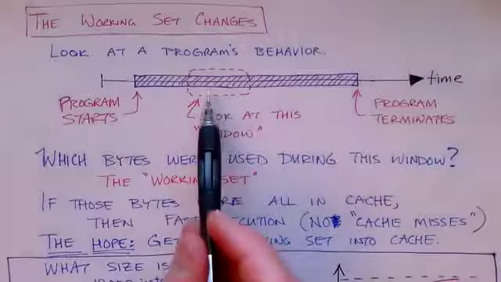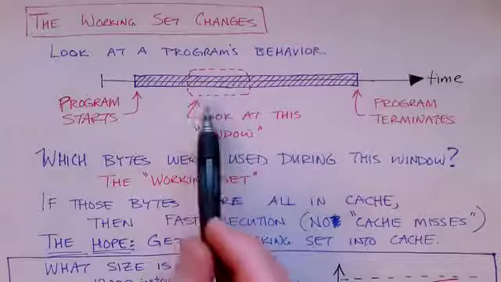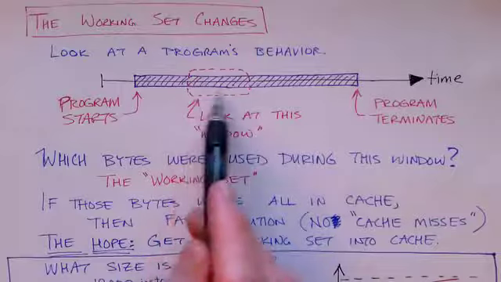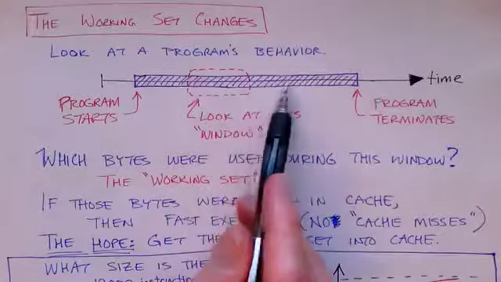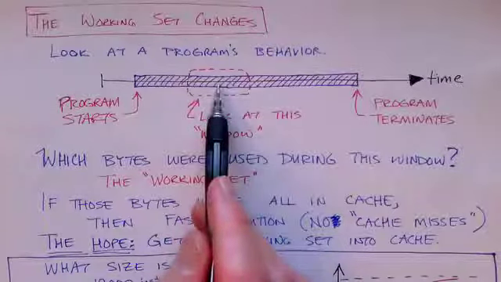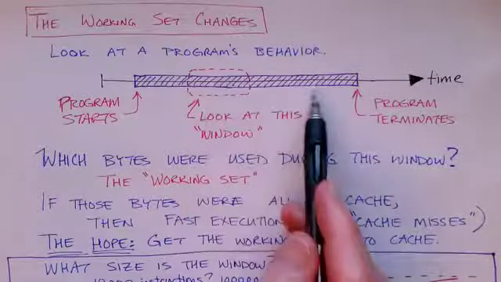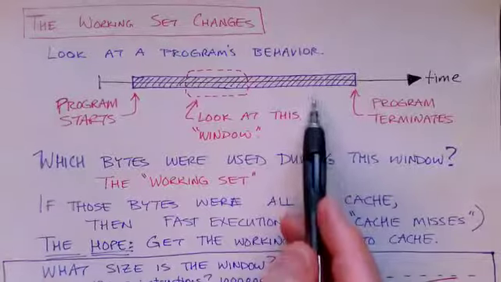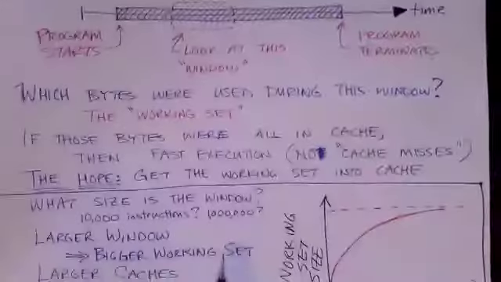So we want to try to get as much of the working set into the cache as possible. But as the program advances, the window moves, and so what's the working set in this area of the program's execution? Well, it's one set of bytes, but later on the program's doing something different and it needs another set of bytes. So the working set shifts over time.